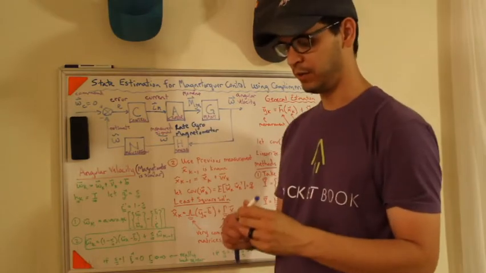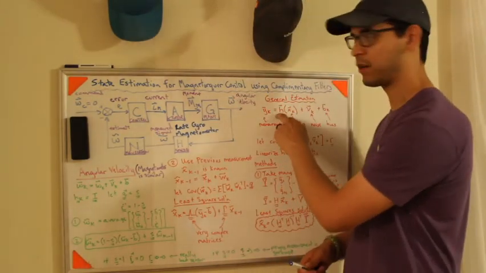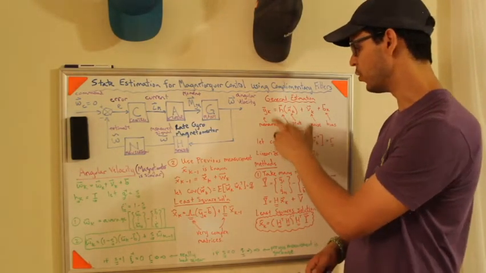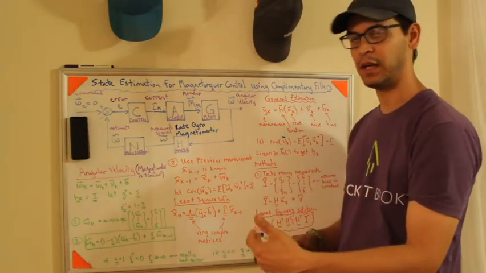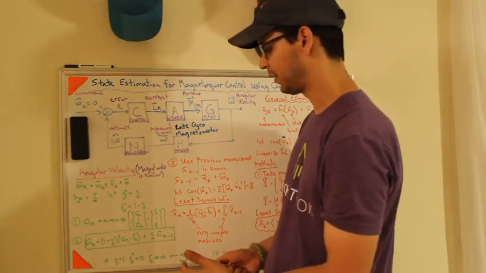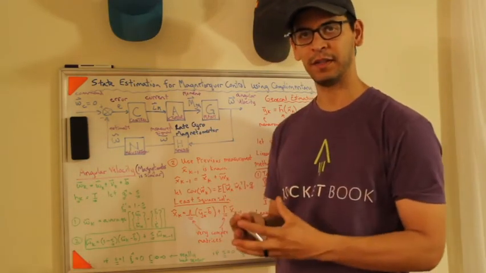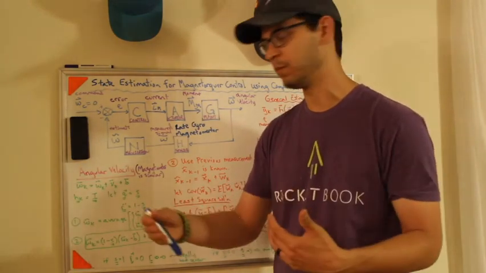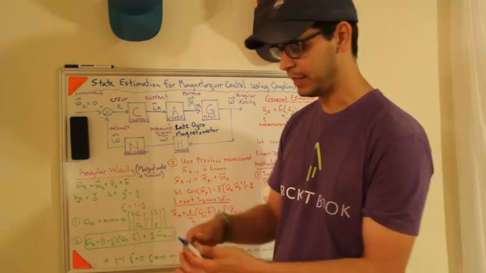Those rate gyros directly measure angular velocity. They are not a nonlinear function of angular velocity, nor are they some scale on angular velocity. Whatever your spacecraft's angular velocity is, that's what you're measuring, plus some bias and some random noise. So that means that HK is actually just equal to identity.